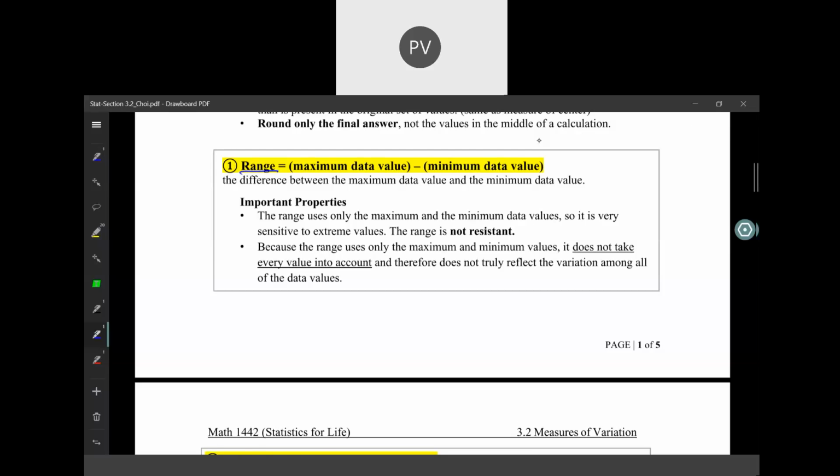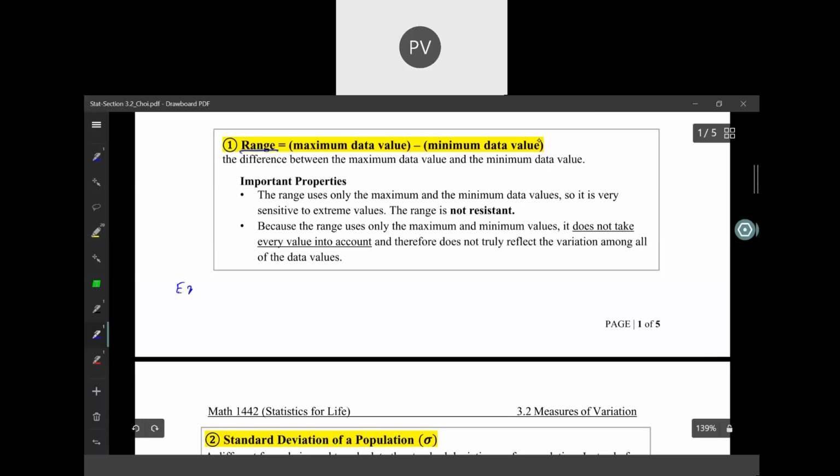For example, if I have a data set like 4, 5, 2, 3, 1, then my range will be maximum minus minimum, which is 5 minus 1, so that gives me 4.